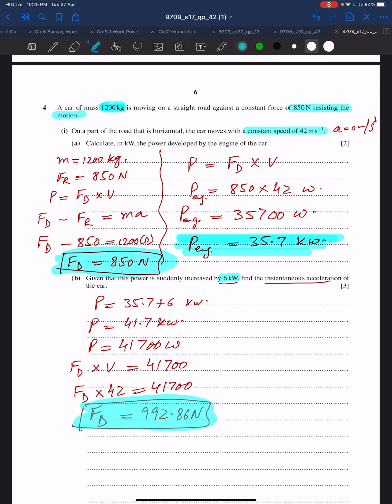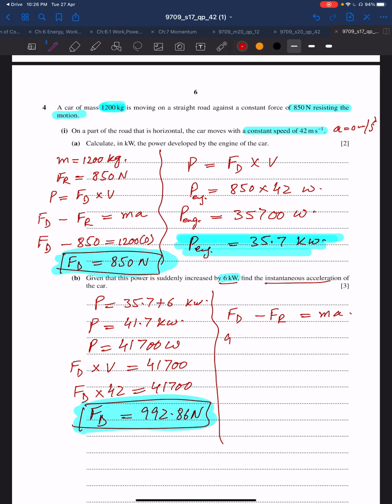When this is increased by 6 kilowatt, at that instant, the initial velocity was 42 meter per second. After that, it will start accelerating. Okay, so FD, driving force, minus resistance force is equal to net force, MA.